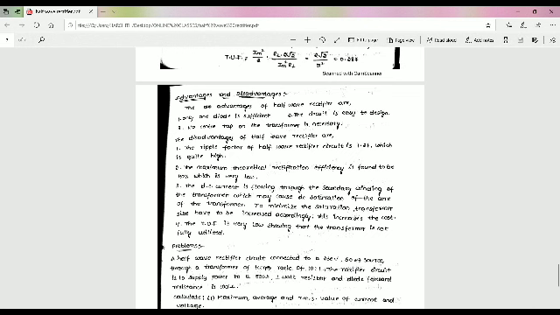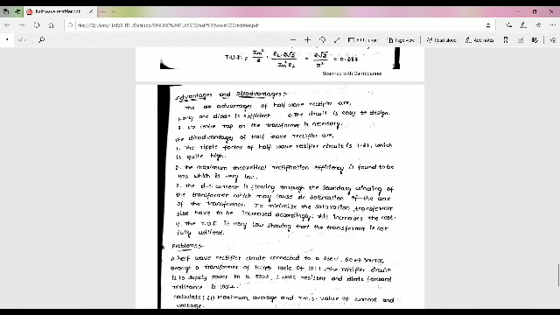So, to minimize the saturation, transformer size has to be increased accordingly. This increases the cost. These are all the disadvantages of the half-wave rectifier.